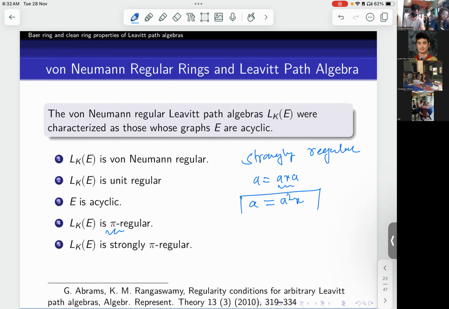In such a scenario, we say that it is strongly regular. And strongly pi regular means instead of x, it would hold for the power of x. So they proved that it is von Neumann regular if and only if it is unit regular, if and only if it is pi regular, and if and only if it is strongly pi regular. And this characterization was given by them.